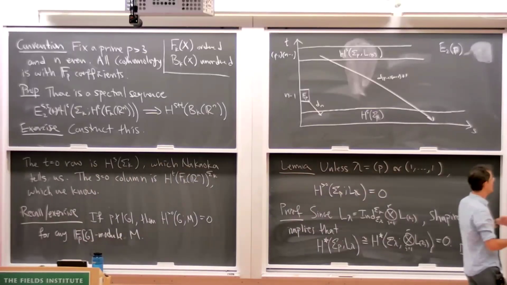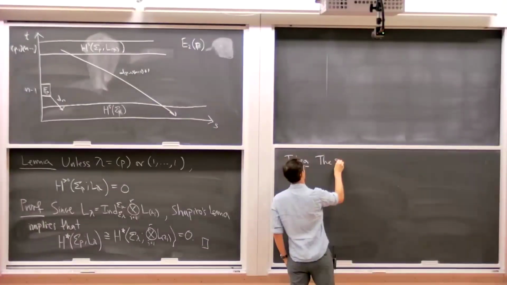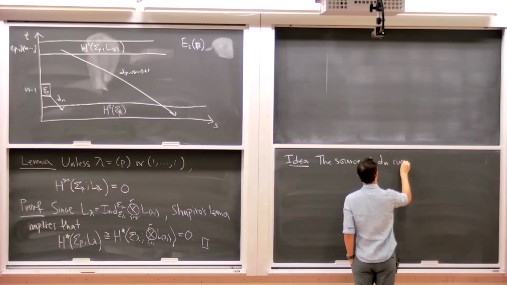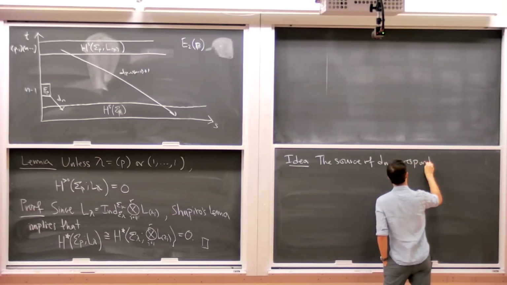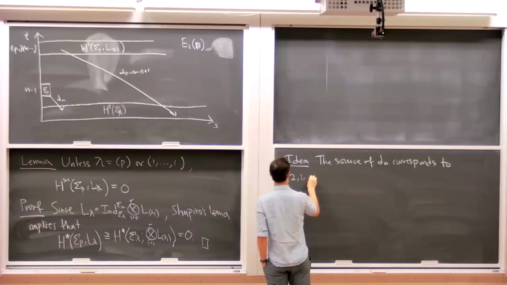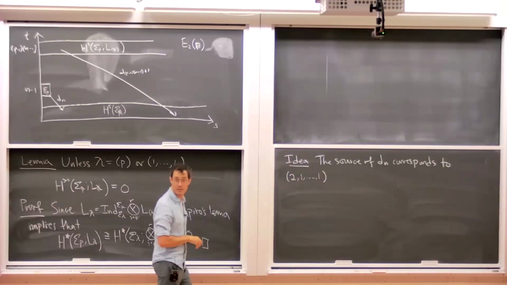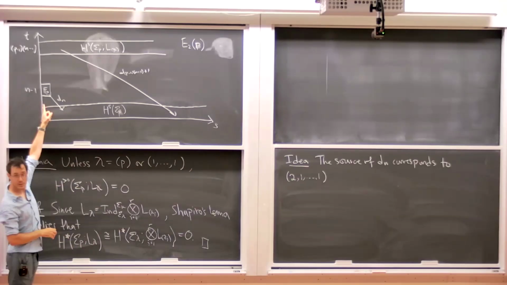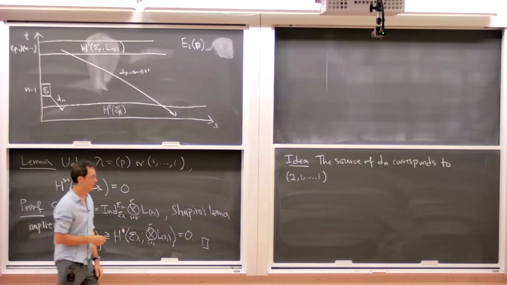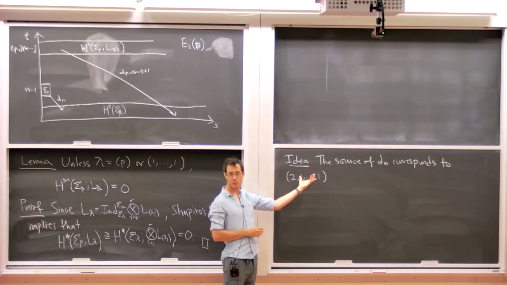But the idea is that the source of d n corresponds to the partition which is 2 and then 1s everywhere else. So this invariant shows up first for k equals 2 and then persists as this partition for all further k.